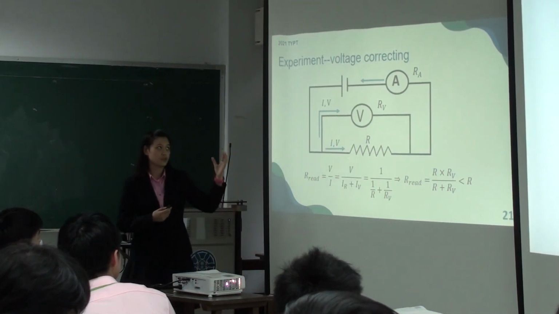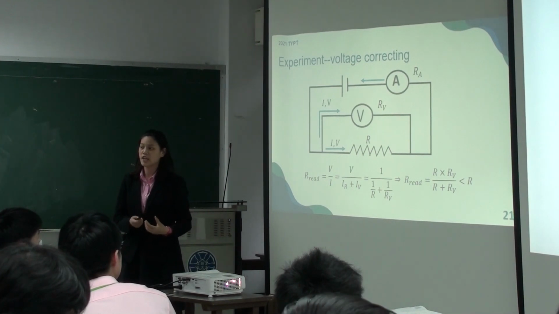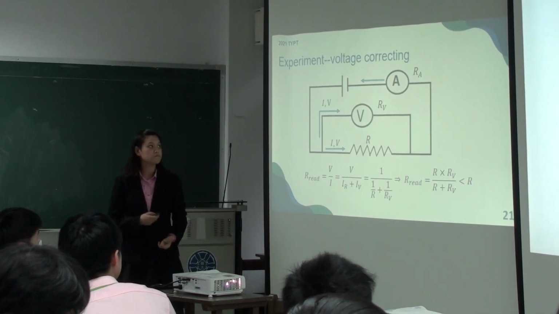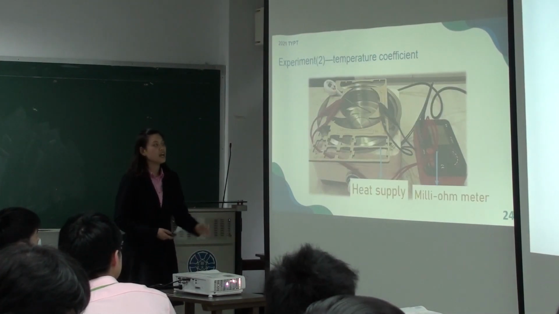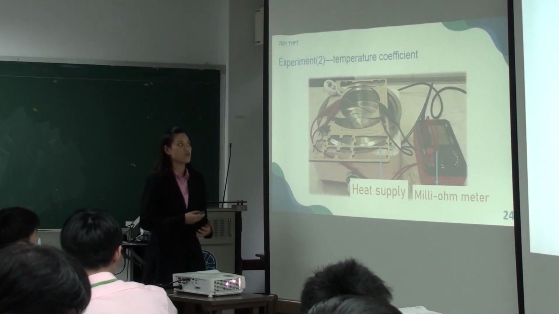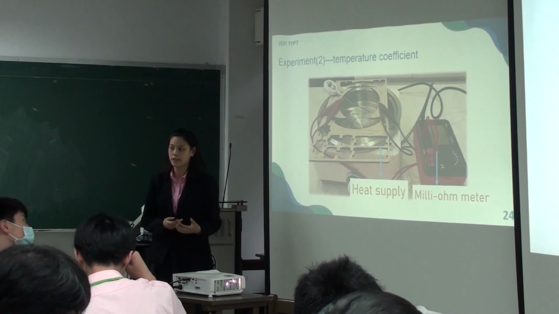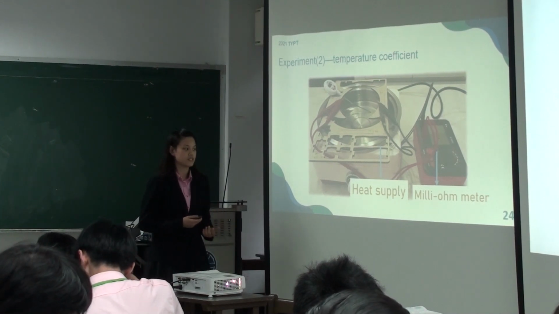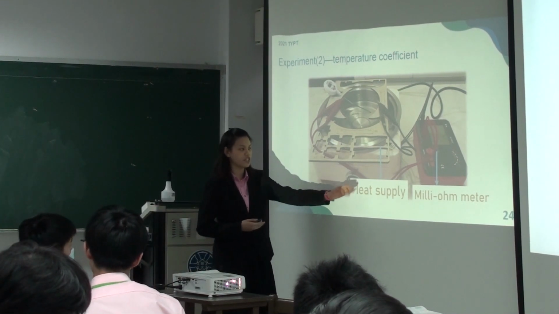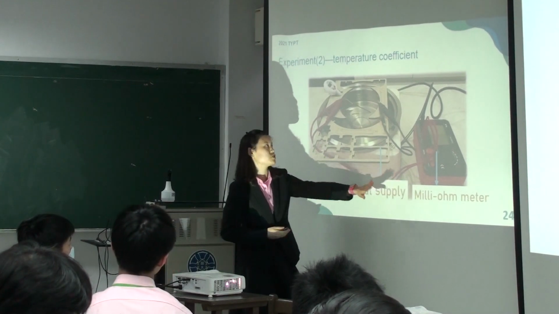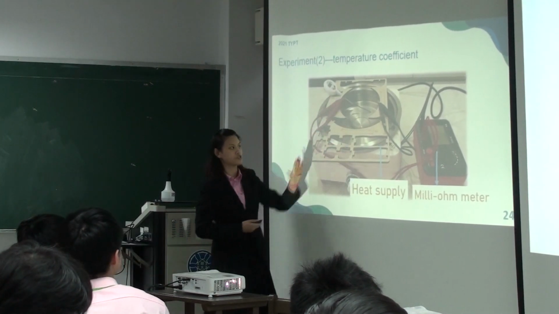So we have to use this voltage correcting method in our data analysis. Experiment 2 is to measure the temperature coefficient of every material I use in later experiments. The setup includes the heat supply, the milliohmmeter, a hot wire, and a thermometer.